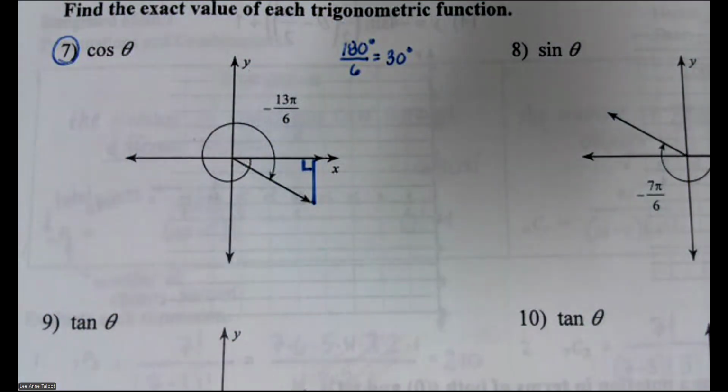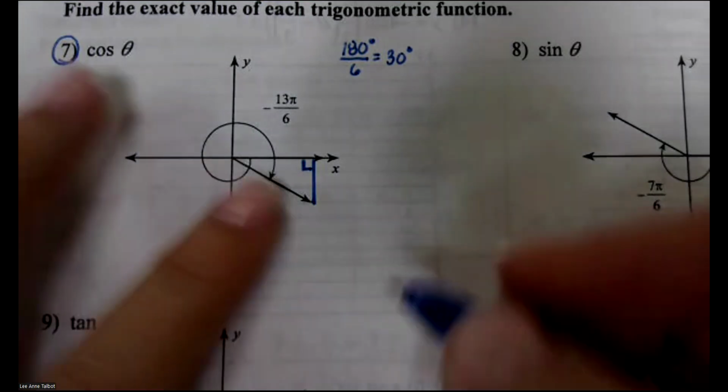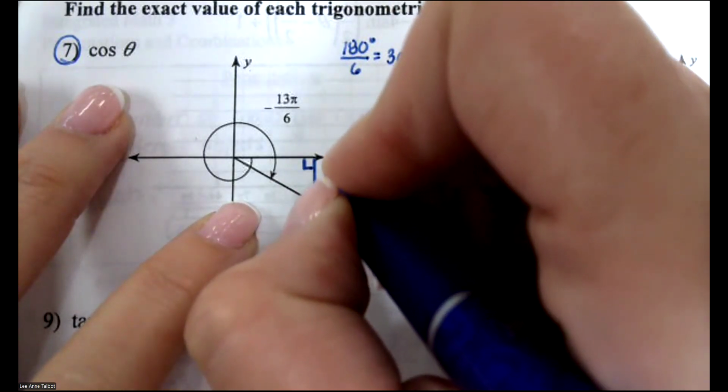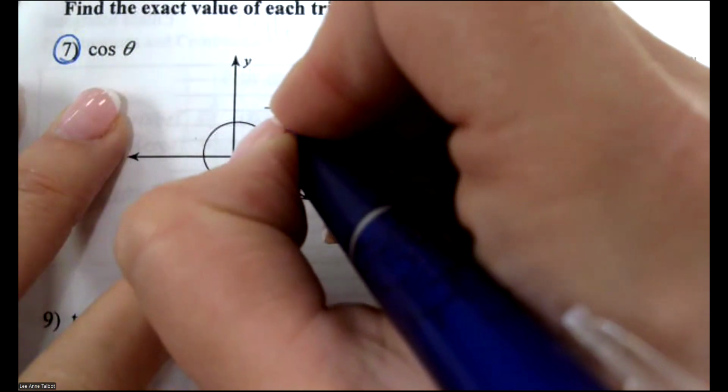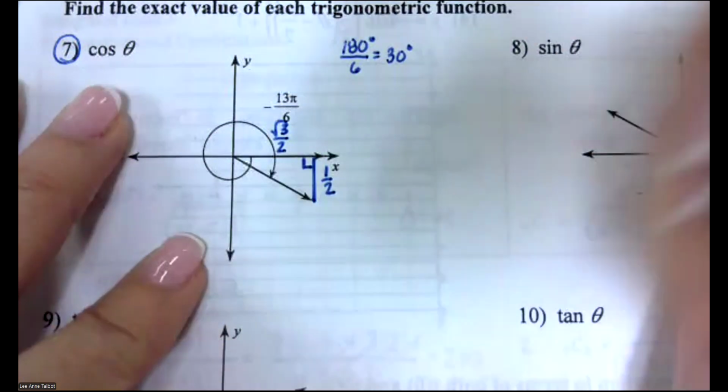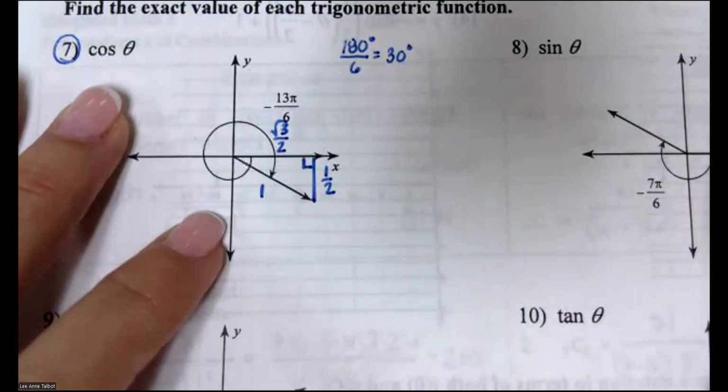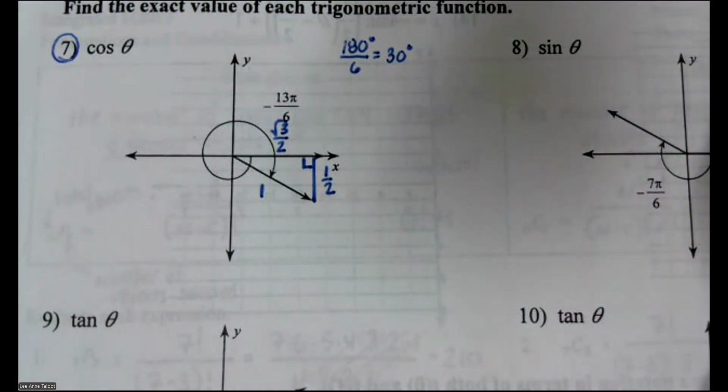If 180 divided by 6 is 30, then what type of triangle would it be? 30, 60, 90, right? Okay, now do we have this memorized? So the short leg is 1/2. The long leg is √3/2. And the hypotenuse is 1.